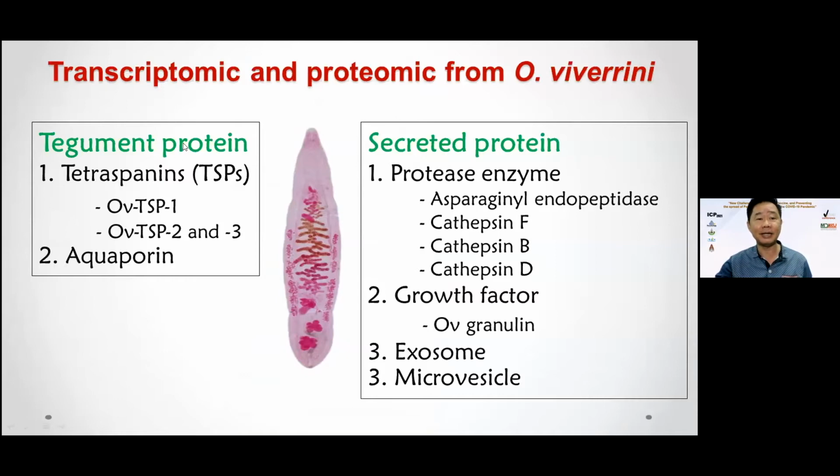There are several interesting target proteins found from the transcriptome. Normally we focus on proteins that may be associated with pathology, such as proteins that the parasite secretes, like proteases, which are most abundant, for example cathepsin F, cathepsin B, and cathepsin D, as well as growth factors, exosomes, and microvesicles. We also look at tegument proteins, which are transmembrane proteins; the tegument is the part of the parasite that attaches to the host system.